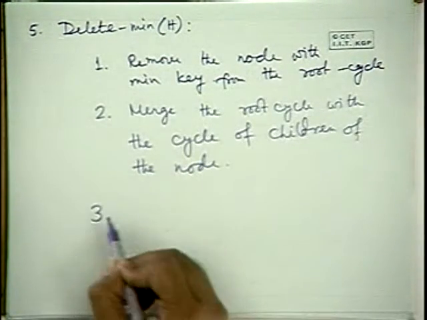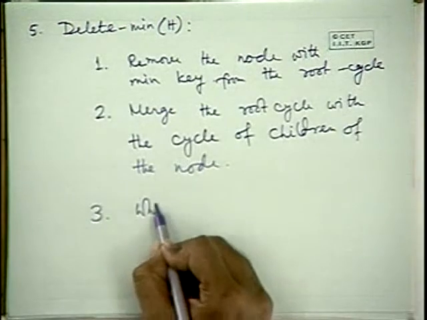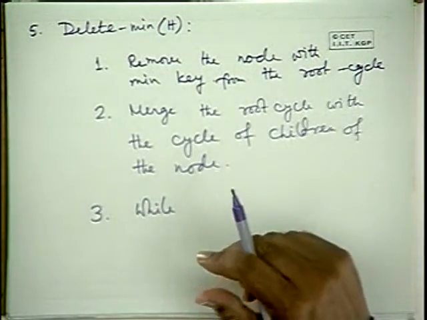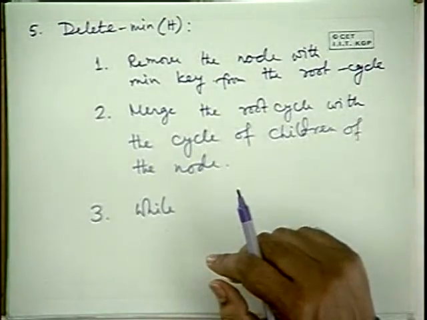And third, this is important. So now what do we have? We have some more nodes in the root cycle. Now we go over the nodes of the root cycle, and whenever two nodes have the same degree, we merge them into one. That is the link operation. If two nodes have the same degree, we use the link operation. One is made the child of the other.